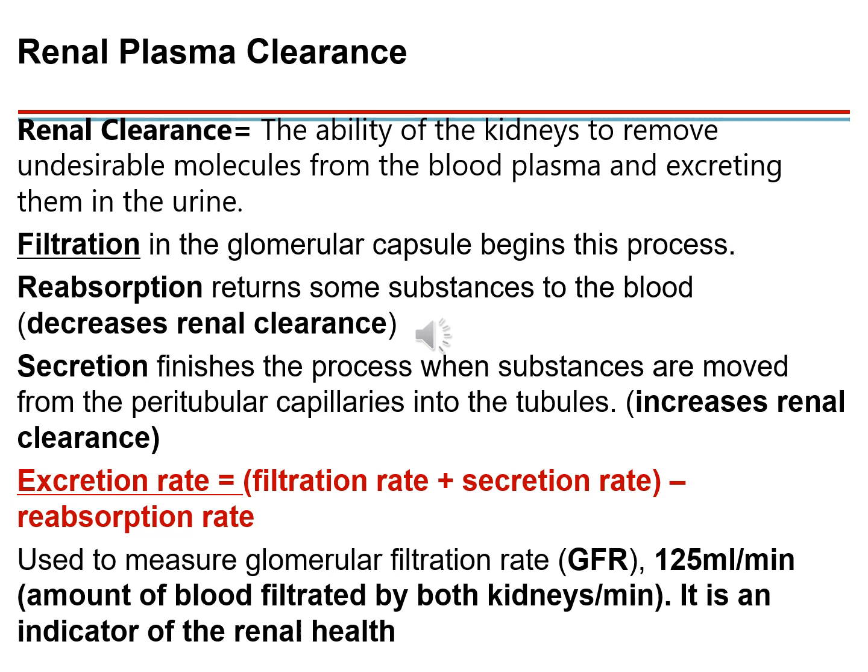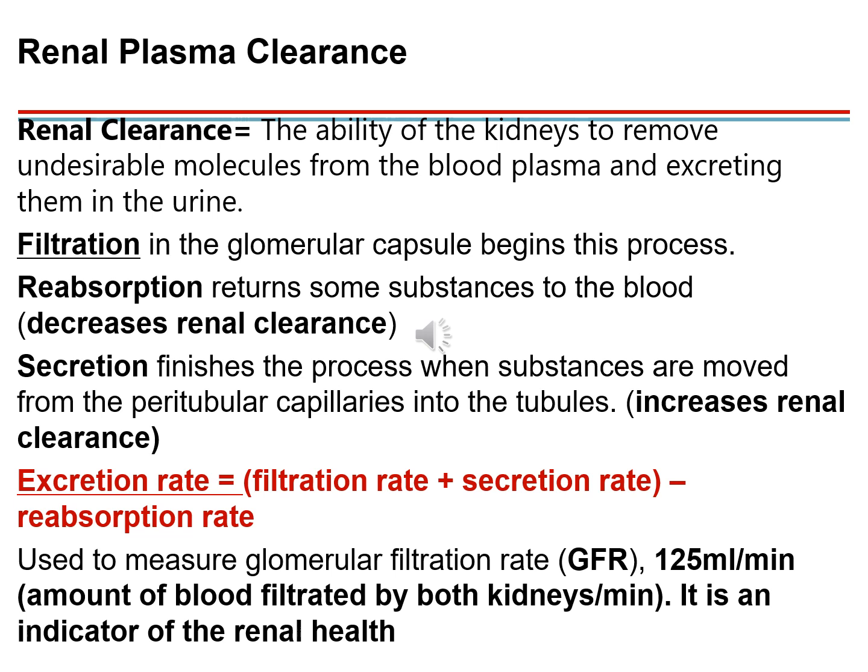And if there is a reabsorption of that molecule, it decreases the renal clearance. On the contrary, secretion is the process when substances are moved from the peritubular capillaries into the tubules, and this action increases the clearance.